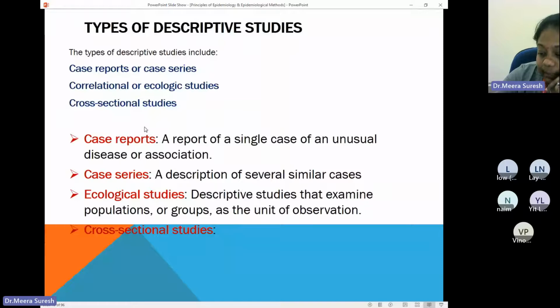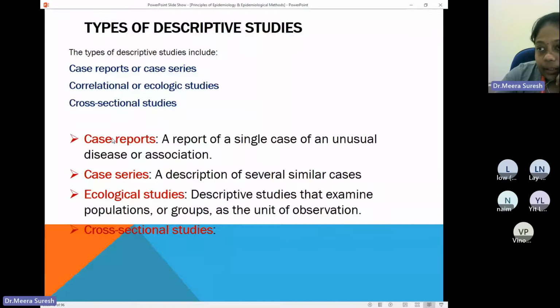So when we are talking about a disease in a single patient, we call it a case report. And when we are putting it in a journal, it should usually be a very rare disease or some unusual disease. We are not going to publish some very common disease. There should be something important in it, then only we are going to publish it.